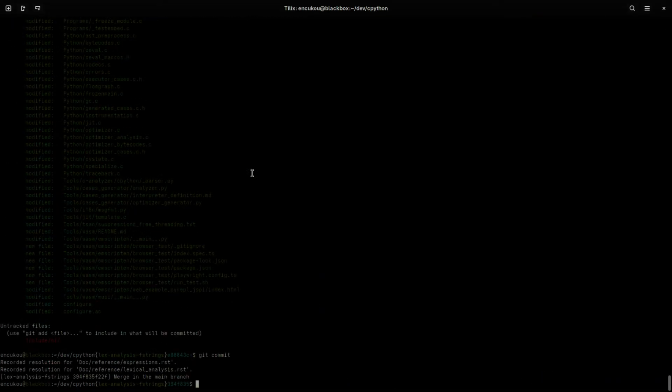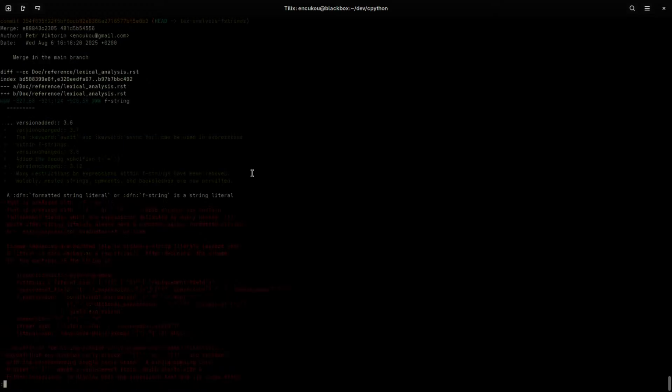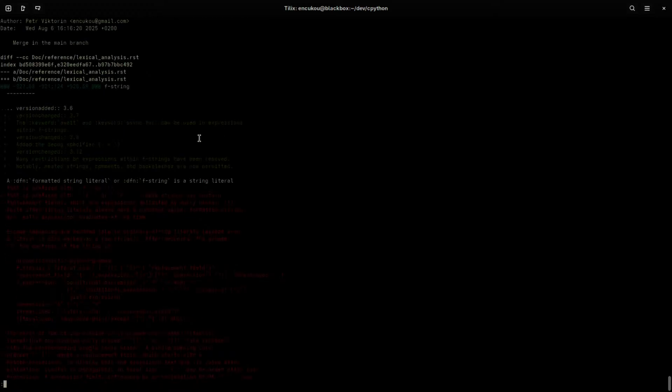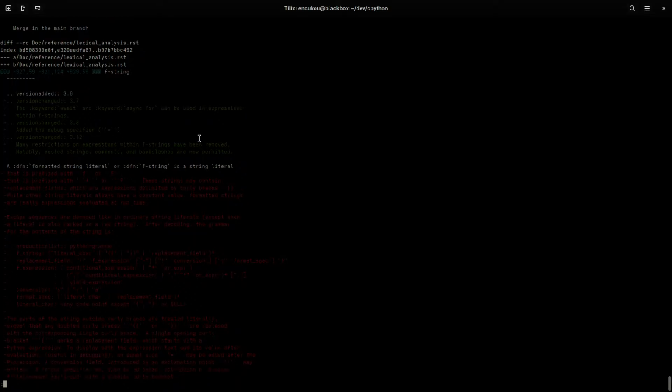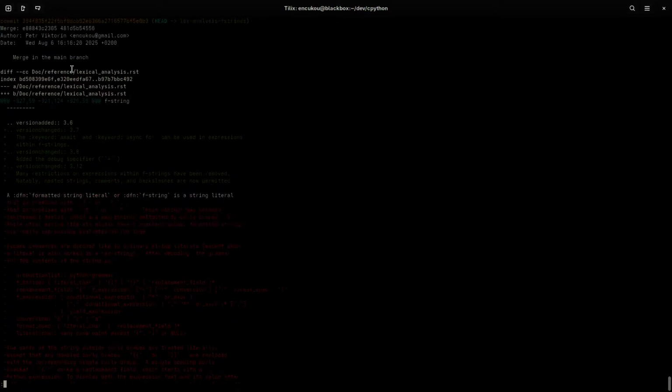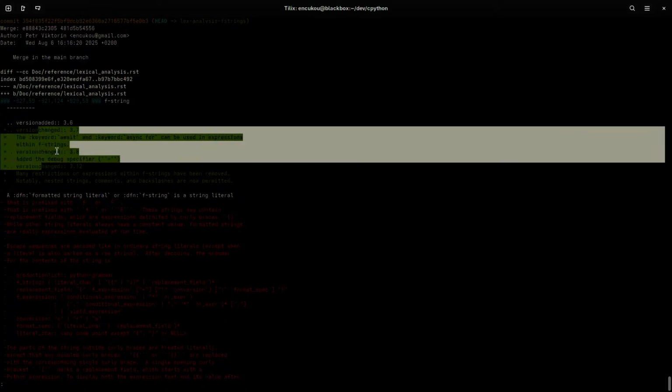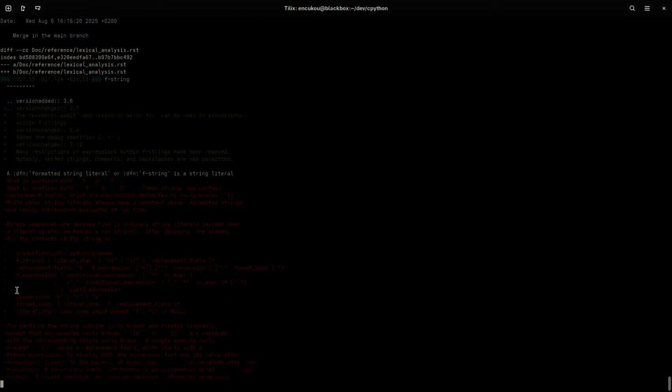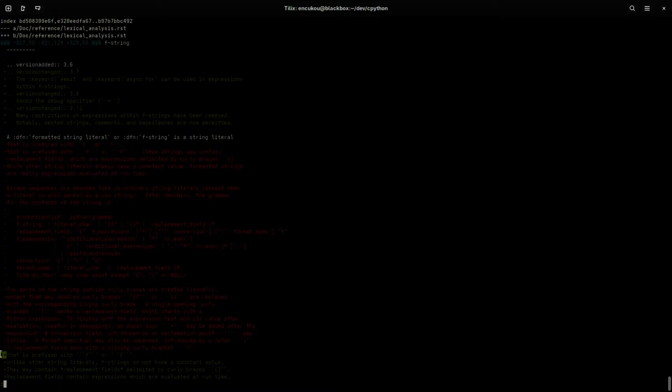Right, so I merged in the main branch. Let's see what changed. When I do git show on a merge, it'll show me the important stuff, and it'll show these two columns of pluses and minuses.